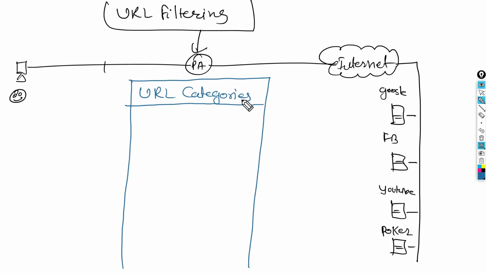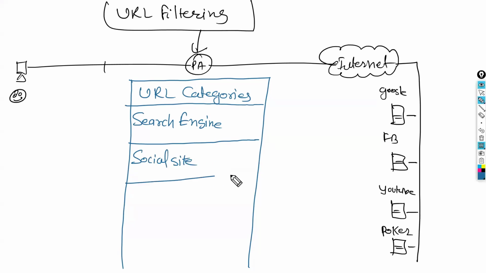And in those categories, you have Google. Google belongs to search engine. Next, we have Facebook. Facebook belongs to social site. Next, we have YouTube, streaming video. Next, we have poker.